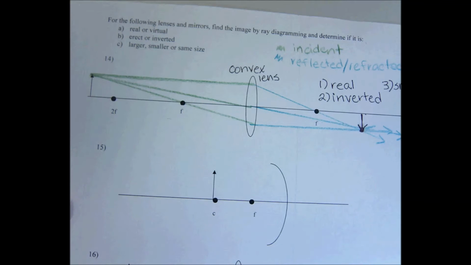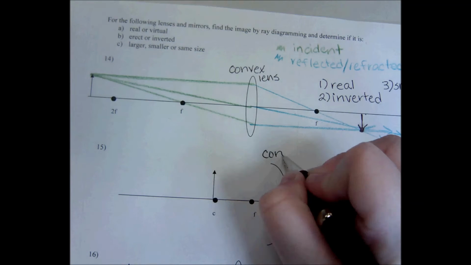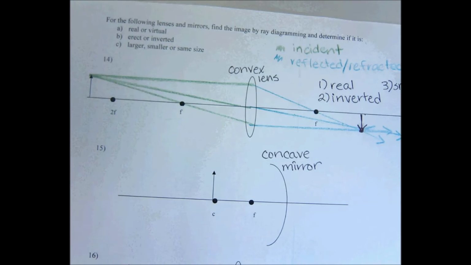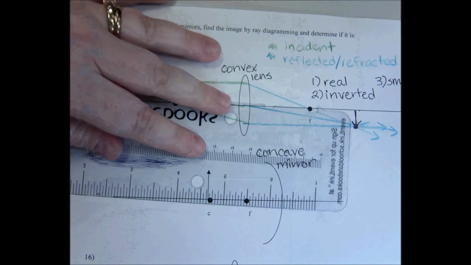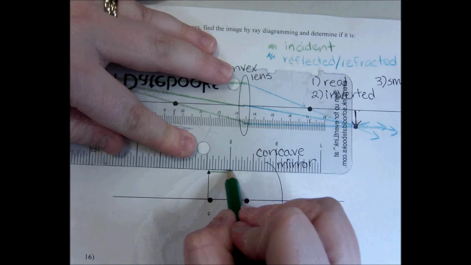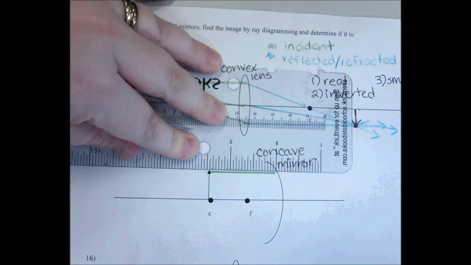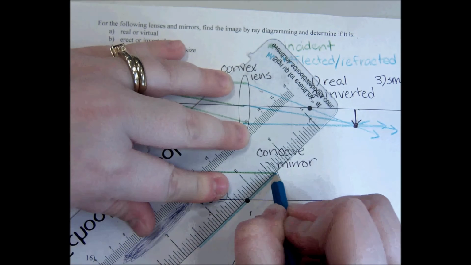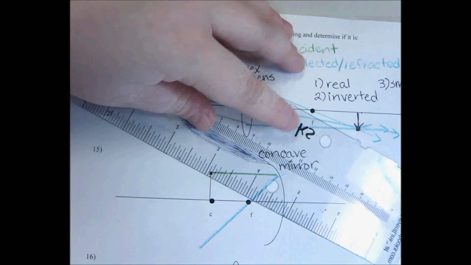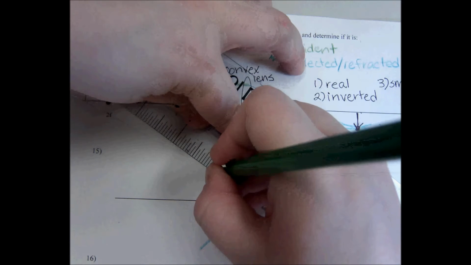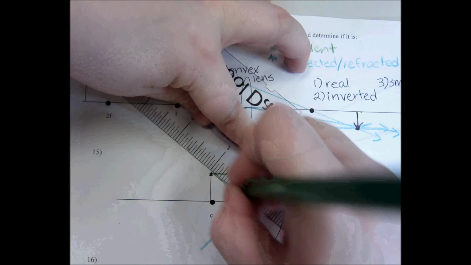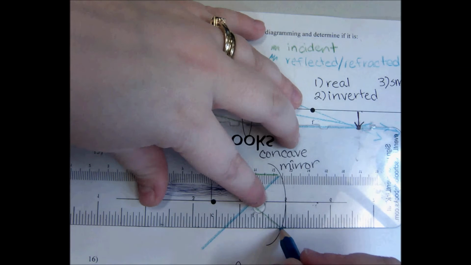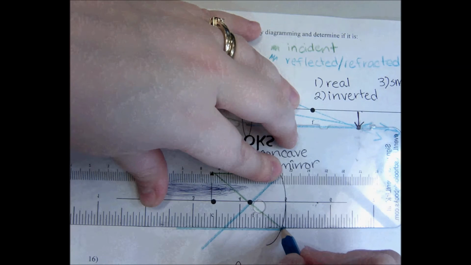This next one is a concave mirror. So our rules work a little bit differently. Parallel to axis, down through the focal point, and then parallel to axis.